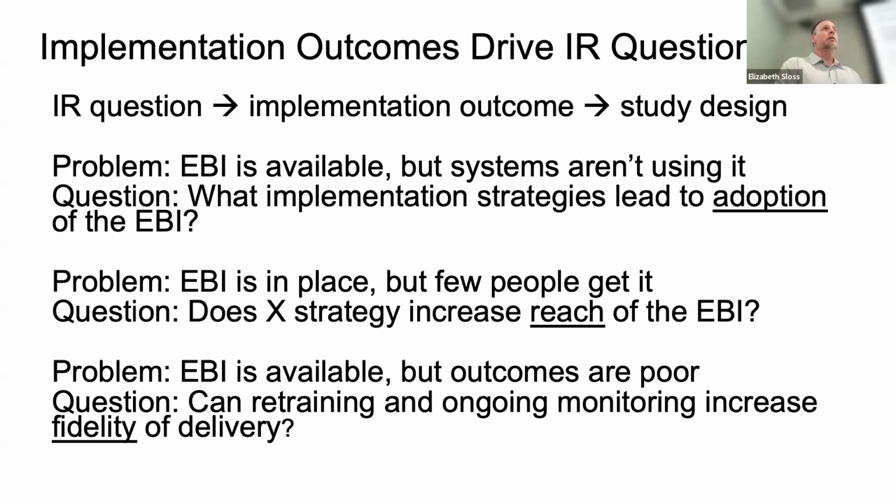In those situations, we typically apply the hybrid effectiveness-implementation type work, where you're gathering evidence to contribute to the evidence base of the intervention at the same time that you are trying to figure out how to best implement it. And then you could potentially layer on a trial of strategies on top of that.